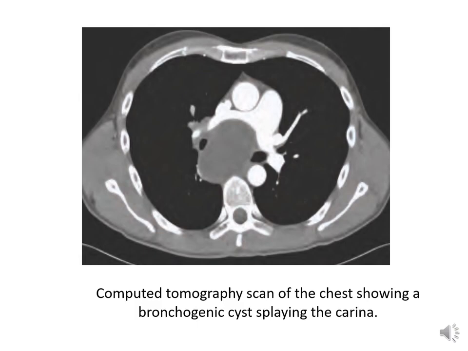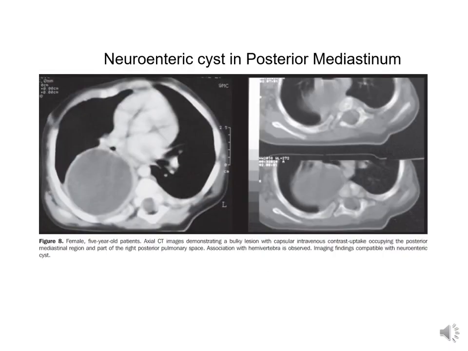You see the main bronchi below the carina, left and right, they are separated by the cyst. Now, in the posterior mediastinum, neurogenic cysts are more common. You can see here in this diagram, this is the posterior mediastinum, which is having a cyst with a good wall, probably benign, because it is well encapsulated.